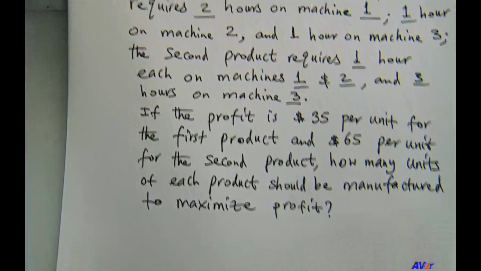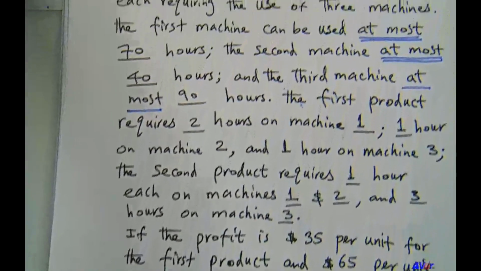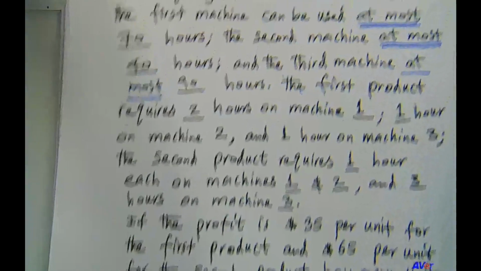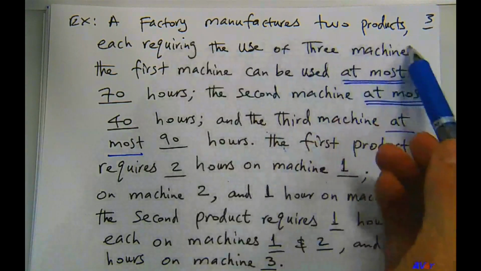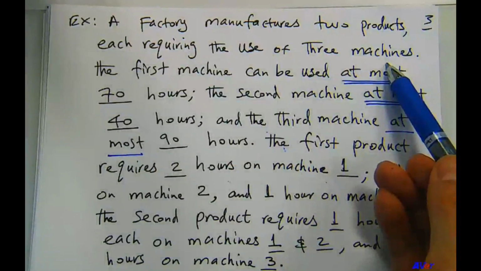Okay, so this is our full description of the problem. If we read from the beginning, just to get a feel for what kind of problem this is: a factory manufactures 2 products, each requiring the use of 3 machines.